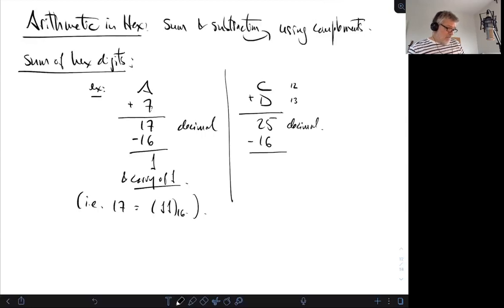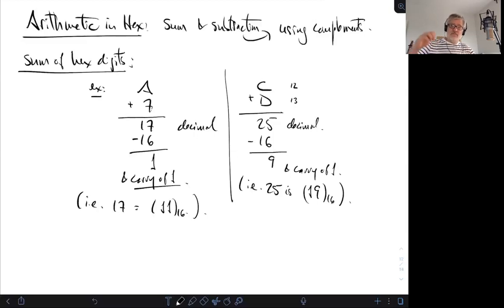That will leave 9, right? And so I'll have a carry of 1. So in other words, 25 is 19 in hex. It's 16 plus 9, that's 25. Okay. All right.